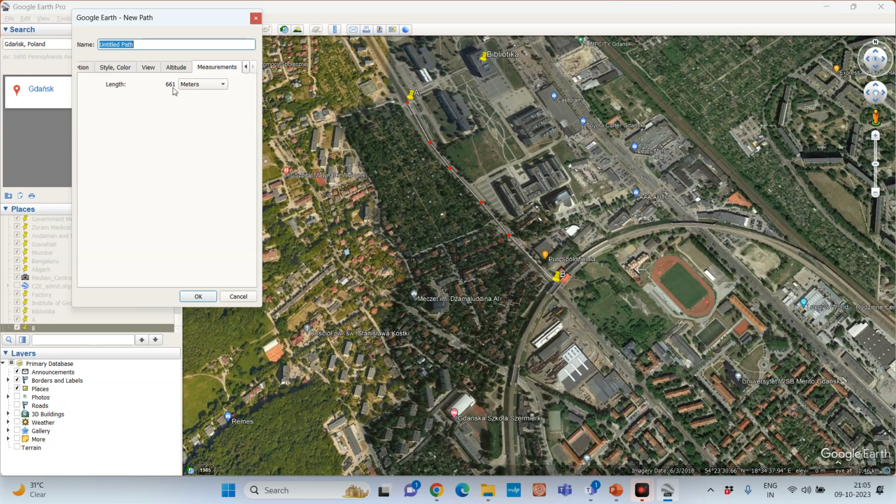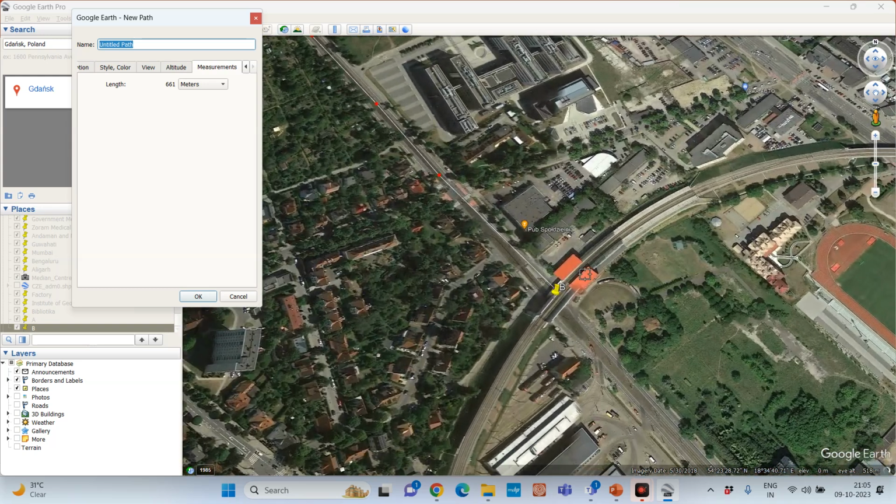Around 650 meters is the distance between the two tram stops, from our university to the railway station. So it is only 650. It helps you make some decision.